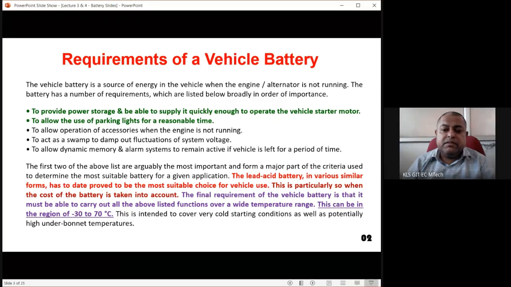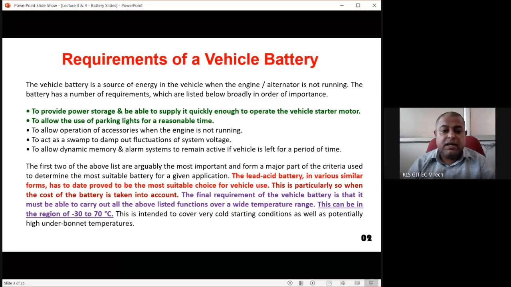The final requirement of the vehicle battery is that it must be able to carry out all the above listed functions, that means these five functions, over a wide temperature range. So this is another requirement: the battery should be able to function over a wide temperature range. The things that I have underlined, you have to understand or remember.